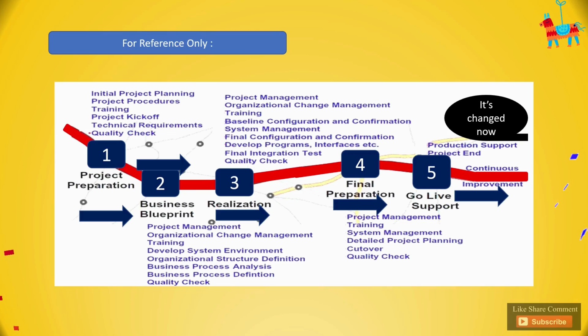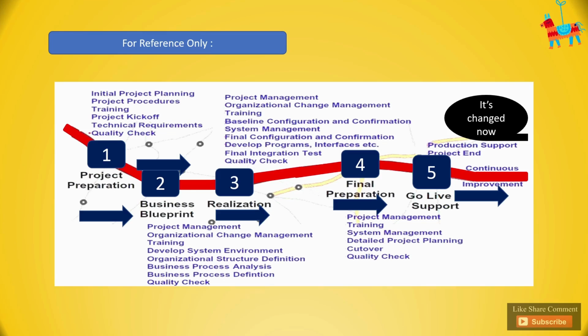So in this phase we will collect the information, and then we will make some structures of what kind of changes are going to happen if SAP gets implemented in a particular organization. So this is the part of the business blueprint.